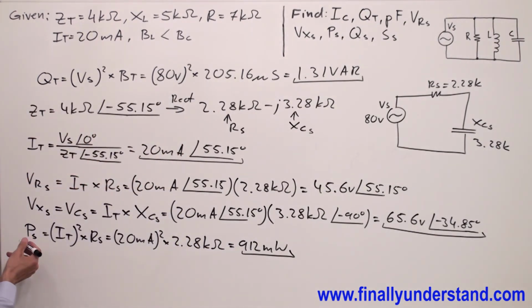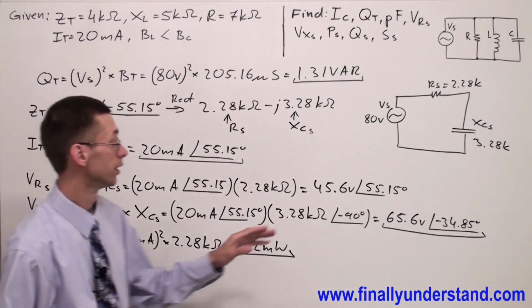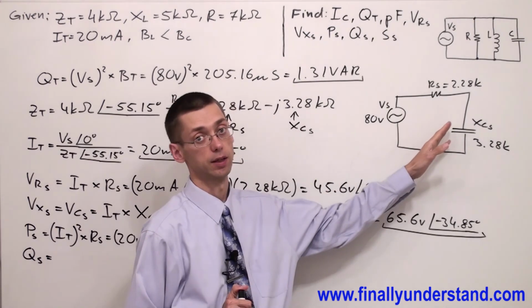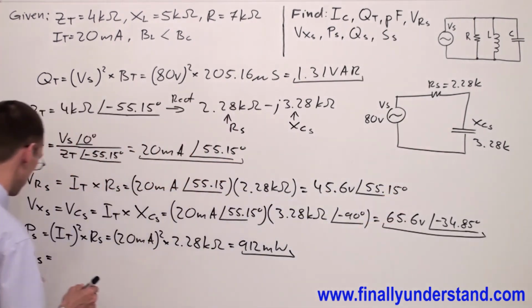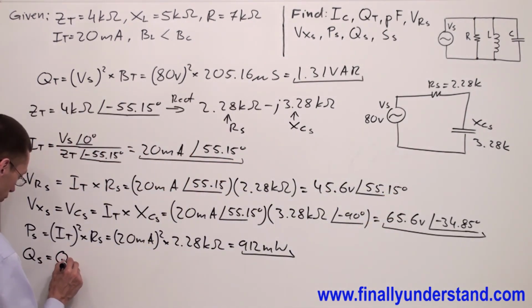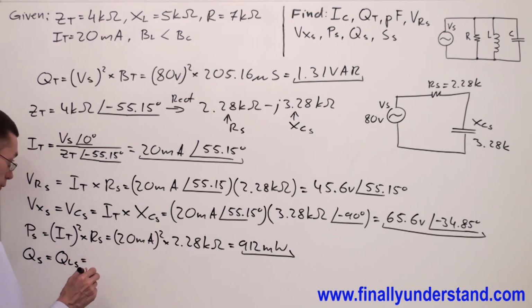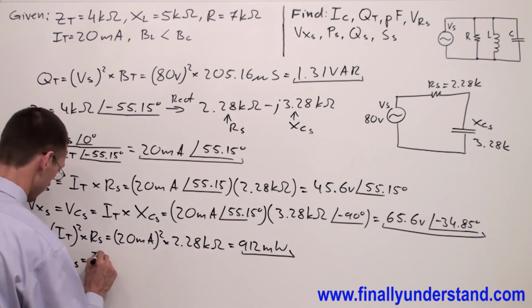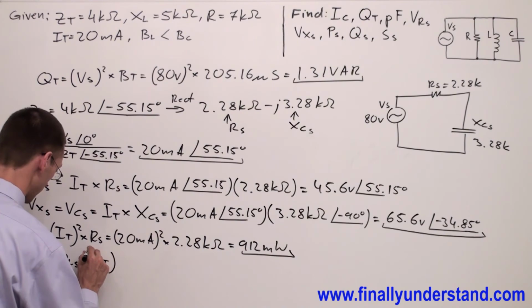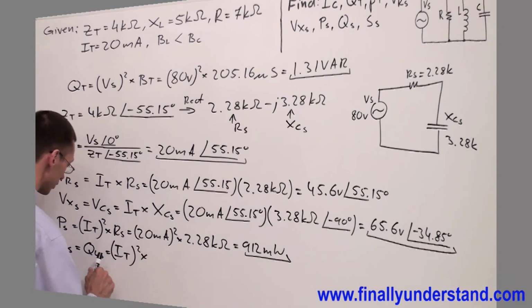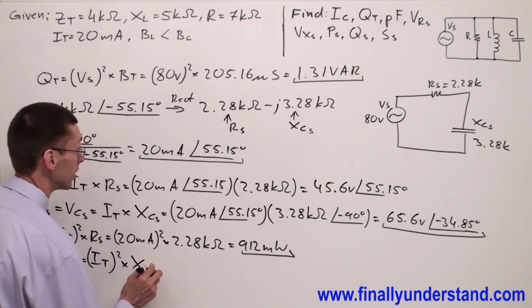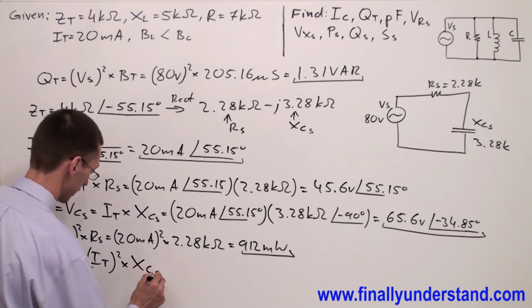Next, I'm supposed to find the reactive power in my series equivalent circuit. We know that this is going to be the reactive power at the capacitor, so I can also write that this is QCS. And this is equal to I total raised to the second power times XCS.